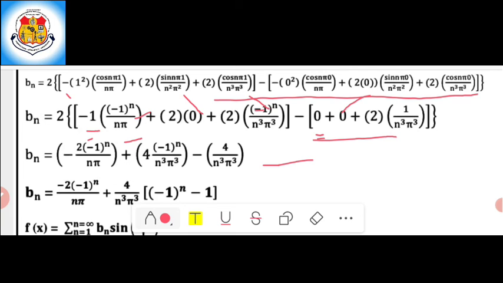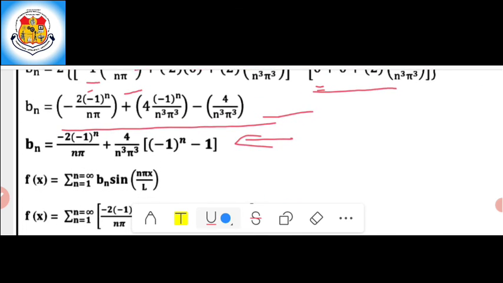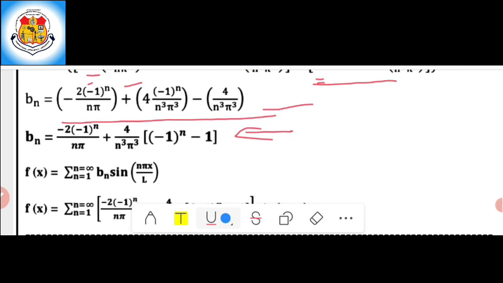Here the value of cos 0 is 1, 2 as it is, over n³π³. So by simplification, we get bn = −2(−1)^n/(nπ) + 4/(n³π³) times ((−1)^n − 1).